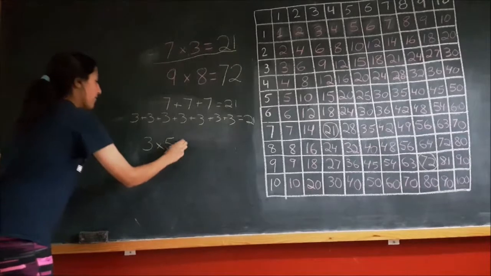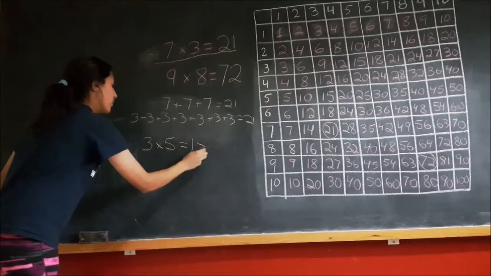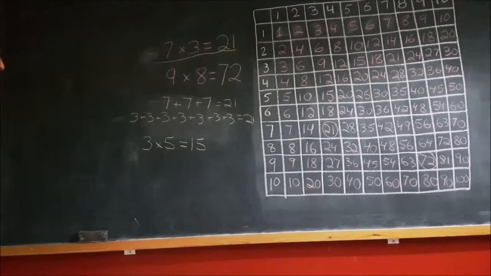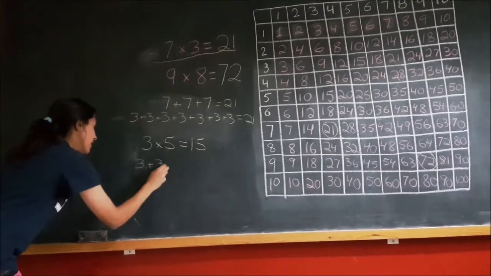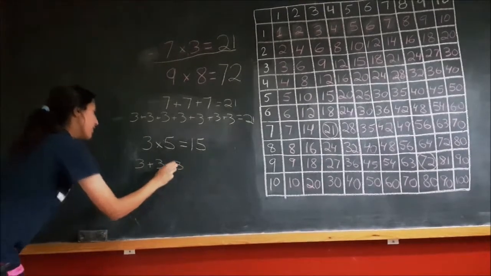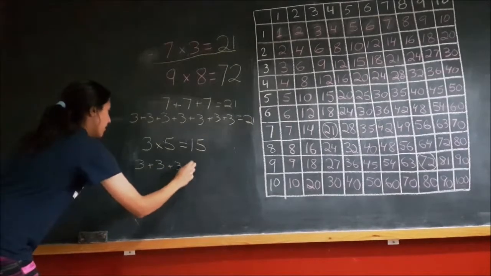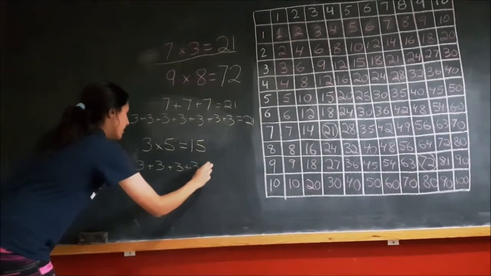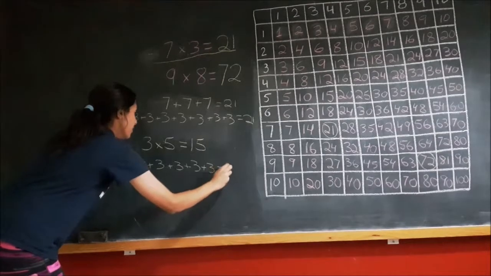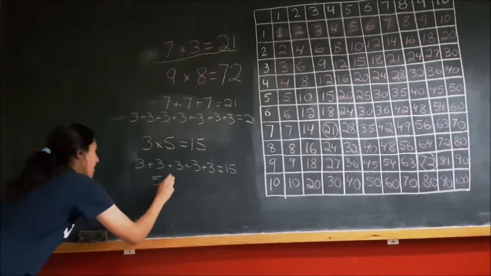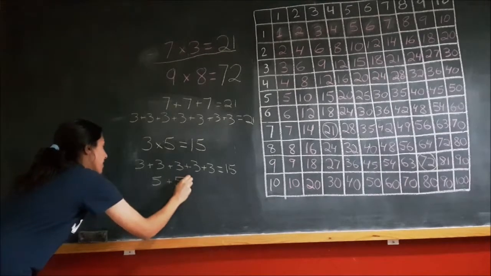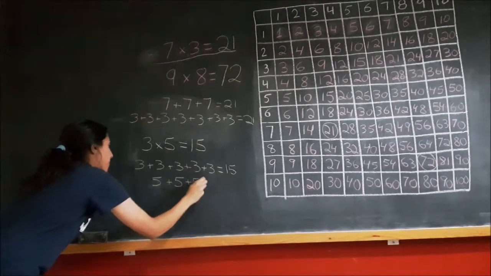Now 3 times 5 is equal to 15, as we know, but we can also solve this using addition, like 3 plus 3 plus 3 plus 3 plus 3 is also equal to 15, and so is 5 plus 5 plus 5.